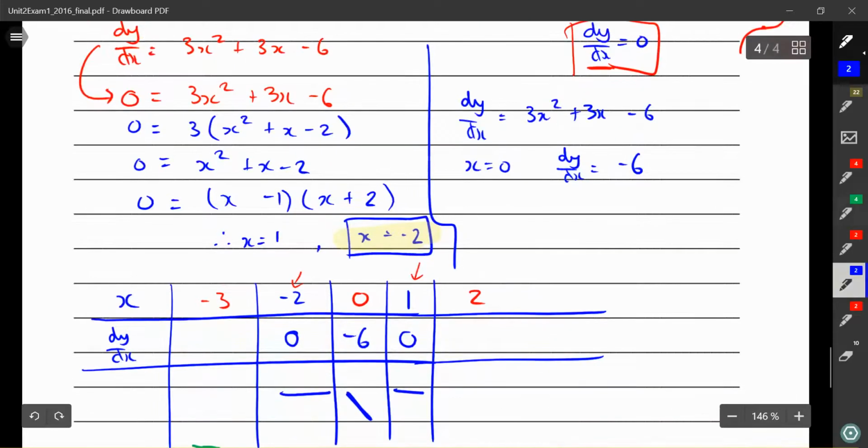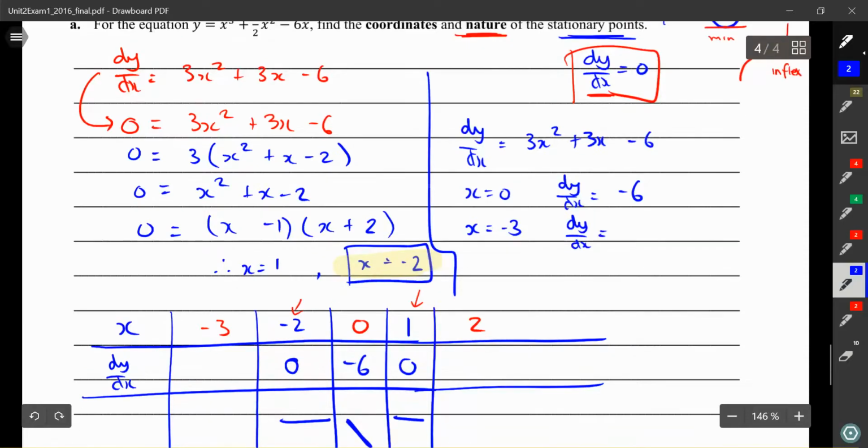So we do the same thing again. x is equal to negative 3. If I sub negative 3 into the derivative to find the gradient, 3 times negative 3 squared plus 3 times negative 3 minus 6. What's this? 9 times 3 is 27, minus 9, minus 6.